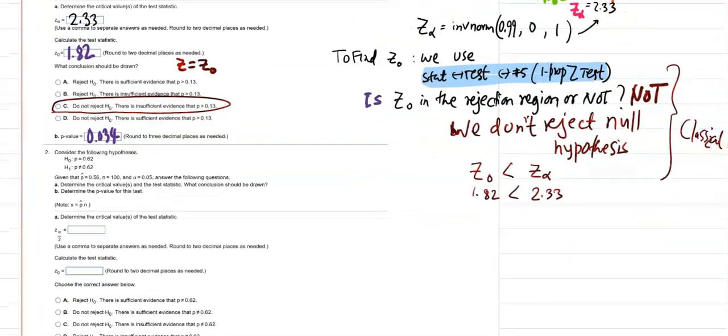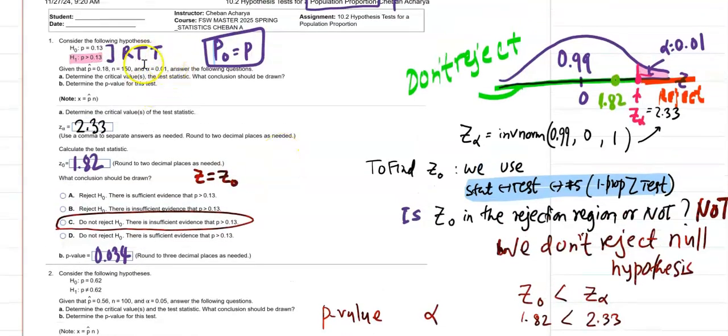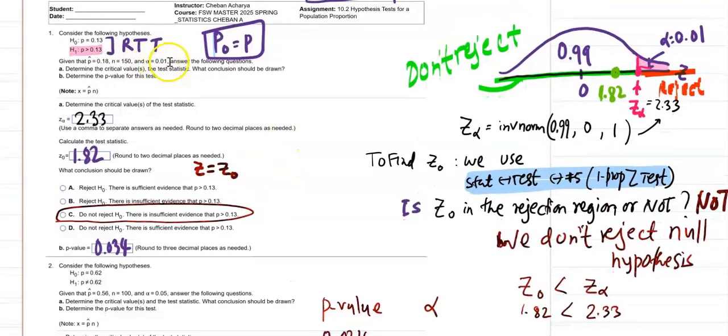So the p-value method is this. If you use the p-value method, you look for the p-value and alpha. Let's compare. What's the p-value? 0.034. What's alpha? Alpha is the level of significance, here 0.01.